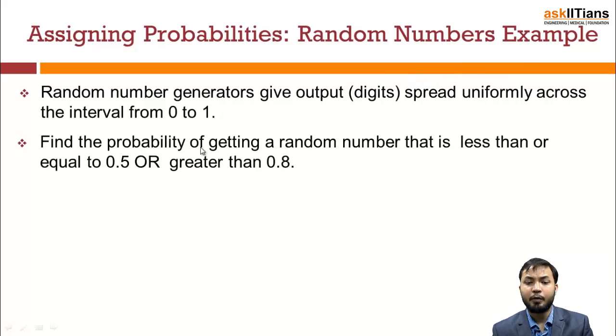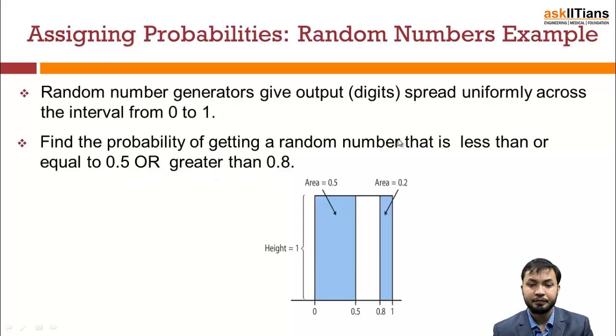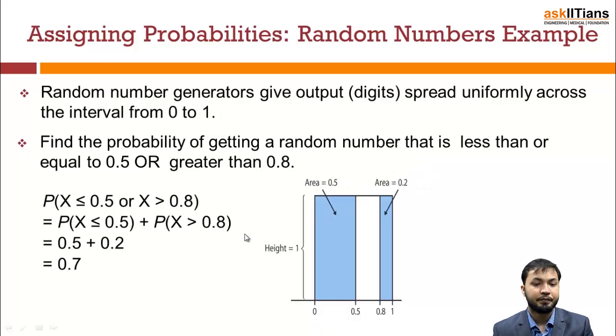Now, to find the probability of getting a random number less than or equal to 0.5 or greater than 0.8, this is how we define that area. This is the area for 0.5 and this is the area for 0.2. So this is the probability of a particular randomness that can be broadly classified.